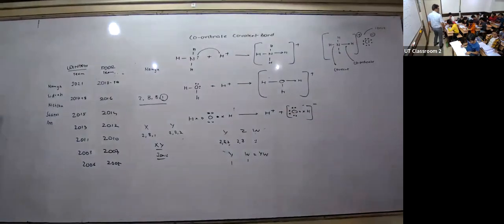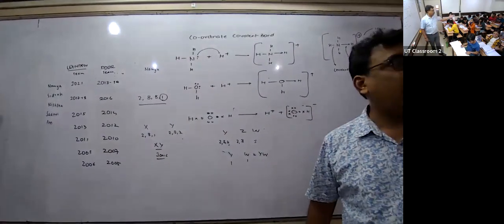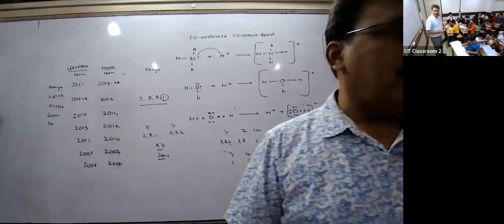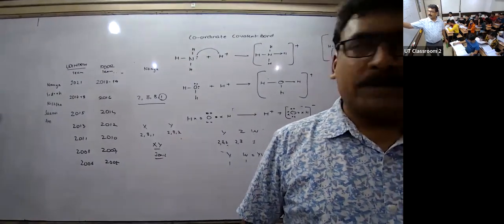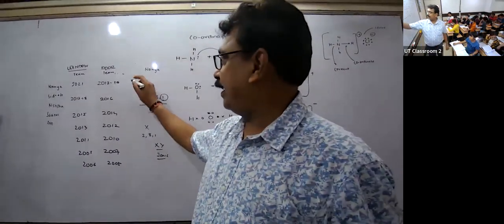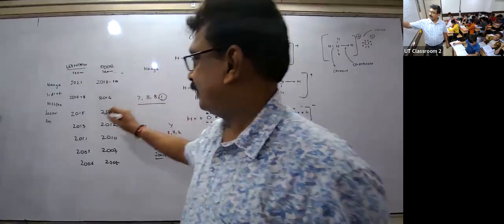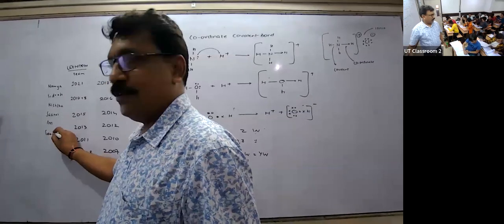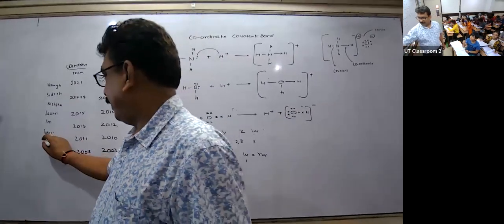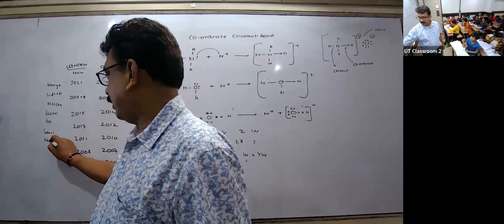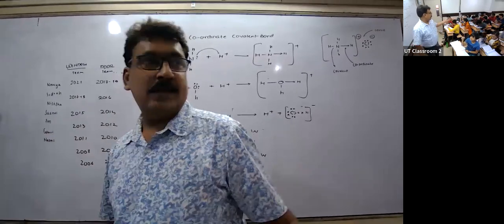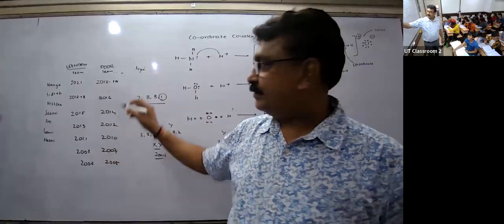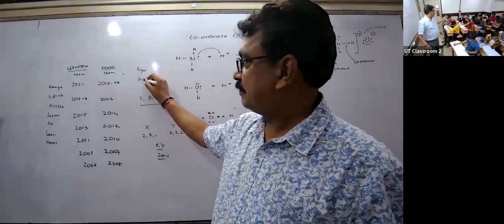Gauri has completed. Completed, good. What is your name? Aryan has completed. Gauri has completed. And your name? Naomi. Okay. Shardul.